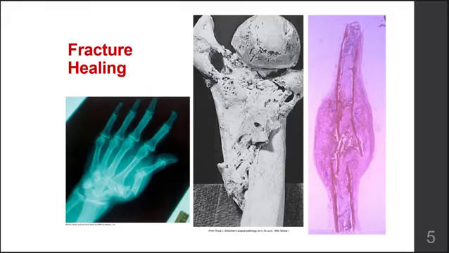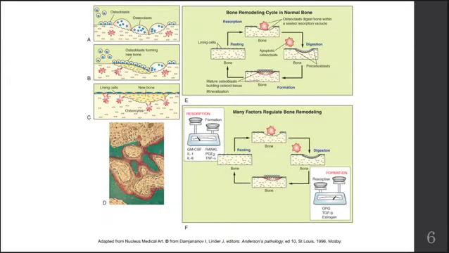So that alignment is very important. The middle here is showing you a pretty messy, what's called a callus formation following a bone fracture. And we'll talk about callus formations a little bit later. And then this final image here is showing you lack of alignment and how it changes the overall integrity of the bone.